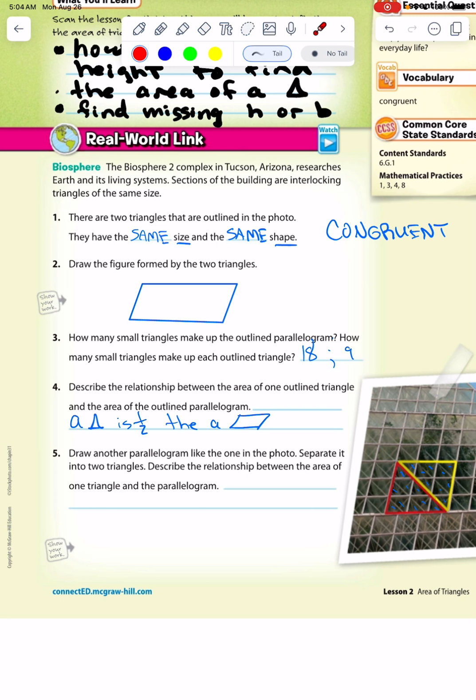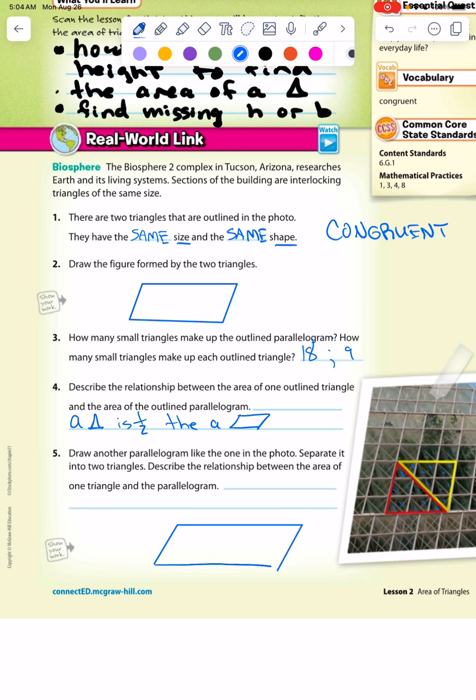Let's see here. What's this next question? Draw another parallelogram like the one in the photo, separated into 2 triangles. Describe the relationship between the area of one triangle and the parallelogram. All right. So another parallelogram. I guess I'll try to make it different.